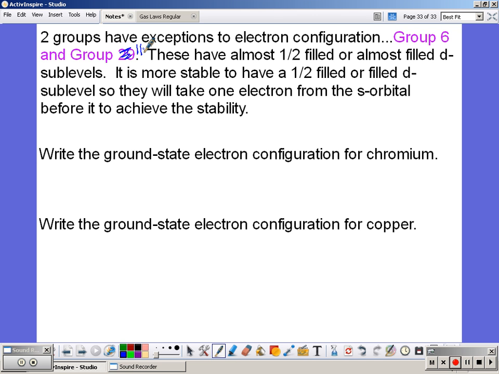stability. So if we look at chromium, chromium's noble gas configuration would be argon, 4s2, 3d4. If we were to look at the orbital notation, we would have 4s and then 3d.